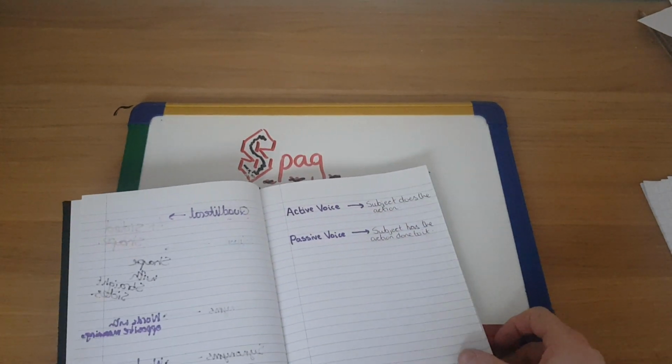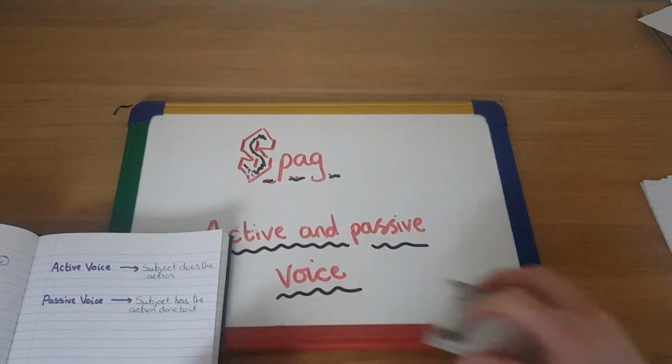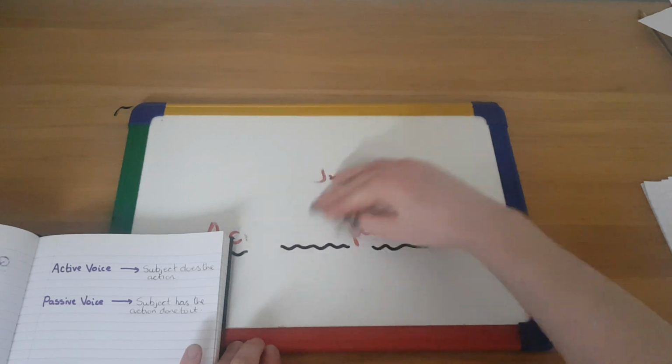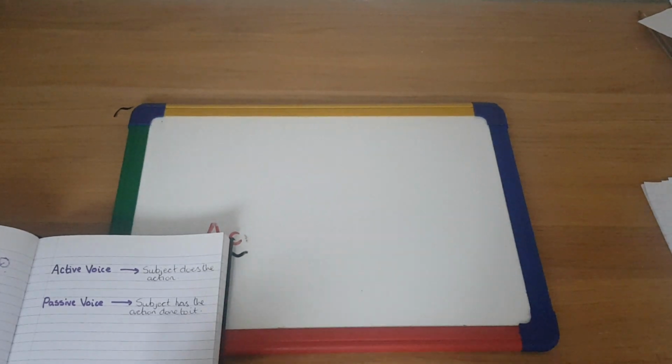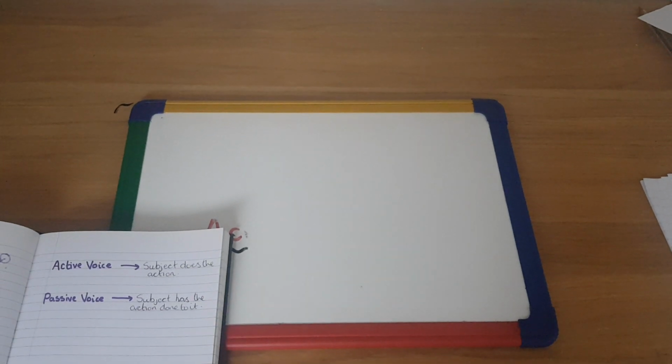So some examples then. I'll keep that by the side, see if you can still see that. Right, some examples. If I write out this question, this is quite similar to a SATs paper. I think you had one quite similar to this the other day in the practice paper.